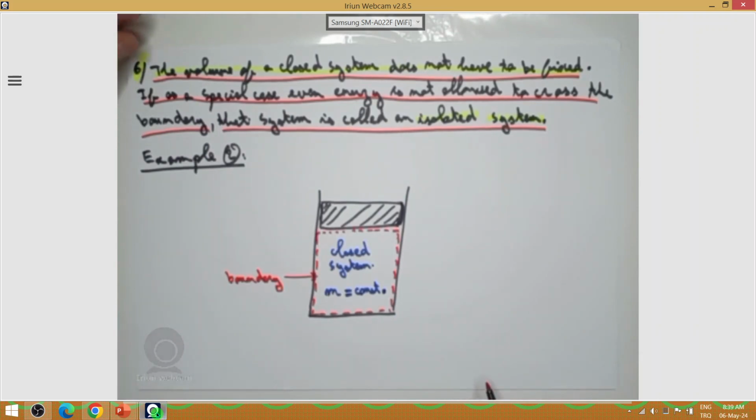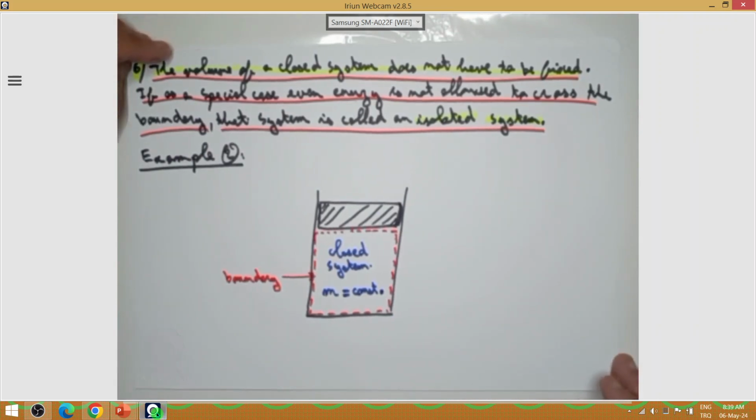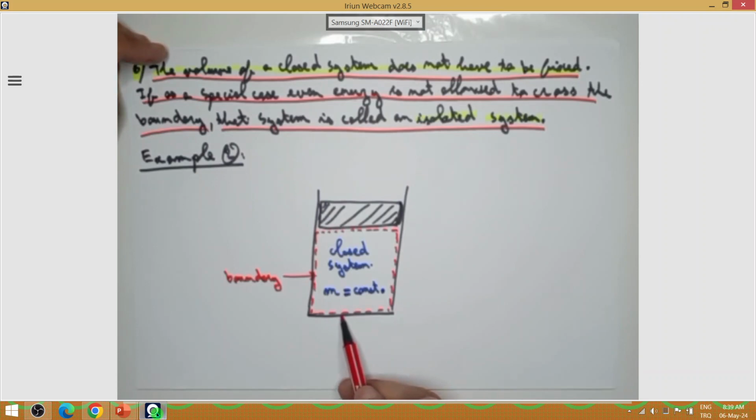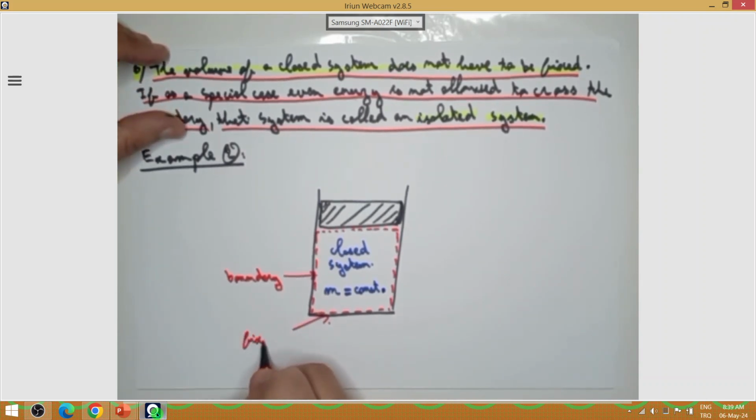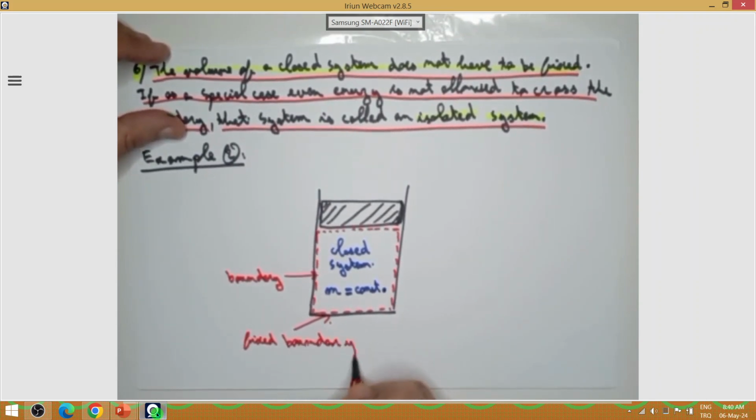And we have two types of boundaries here. This part of the cylinder is fixed, so we can call it a fixed boundary.